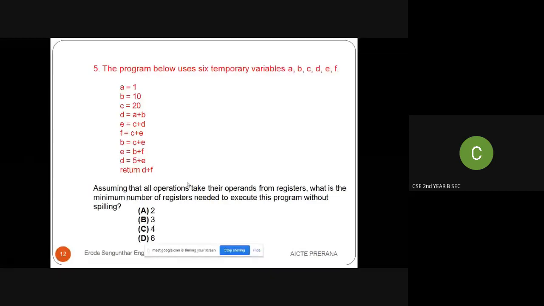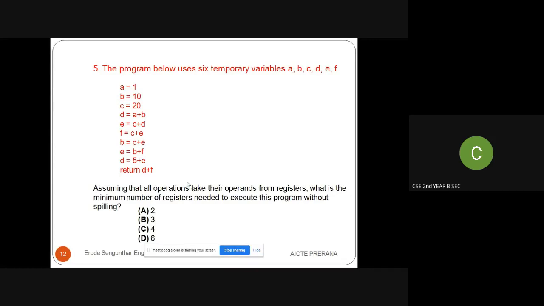Okay, I will ask you one question. Which is the most familiar register used for storing temporary variable and immediate result? Tell me, just listen to this question.